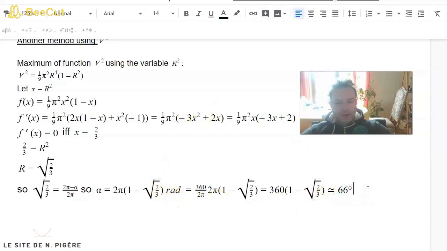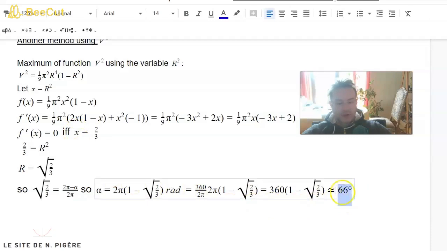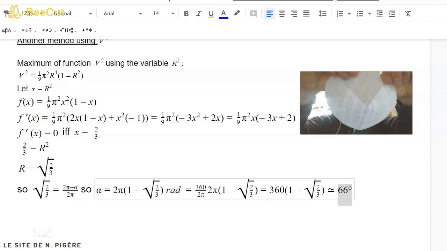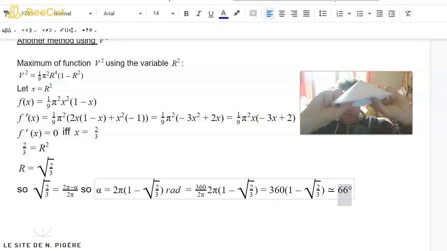So our conclusion is that the maximum volume cone would be reached for an overlapping angle alpha of 66 degrees approximately. So we take alpha is equal to 66 degrees, like this, and we get the maximum volume cone.